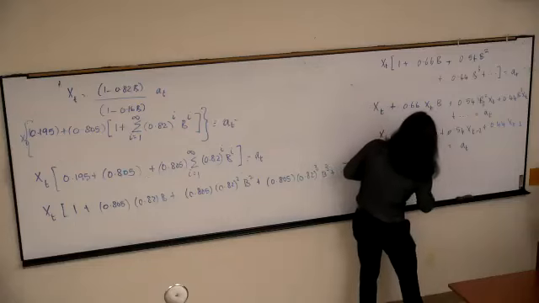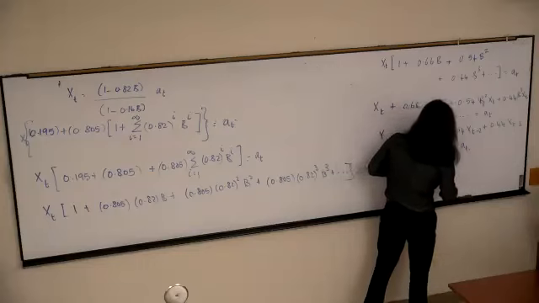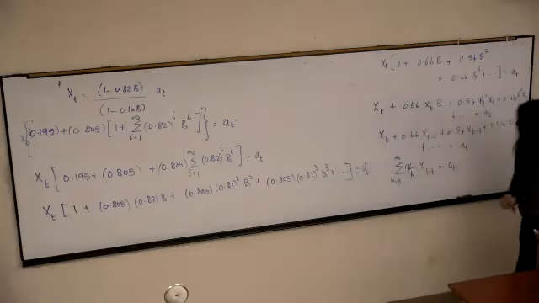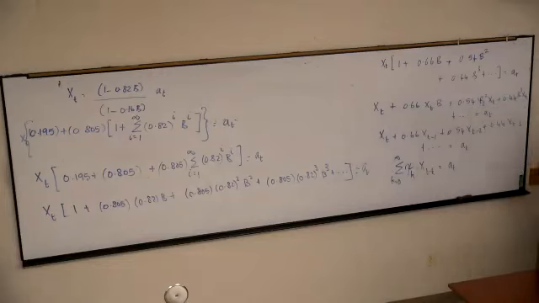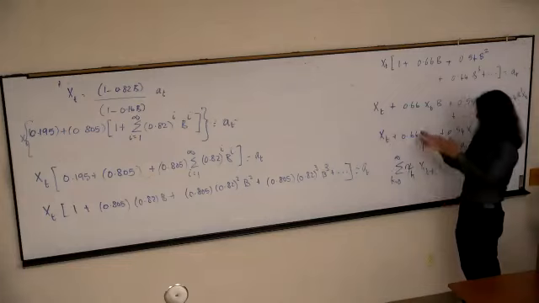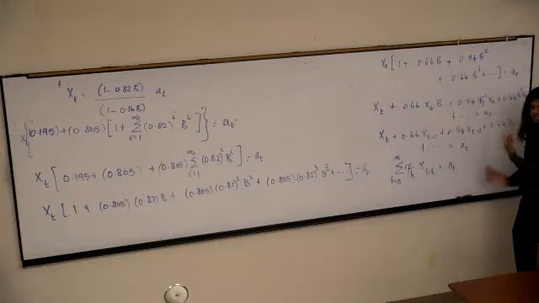Doesn't matter. So that is a concise version of writing it, where psi 0 is 1, psi 1 is 0.66, psi 2 is 0.54, psi 3 is 0.44, and so on.